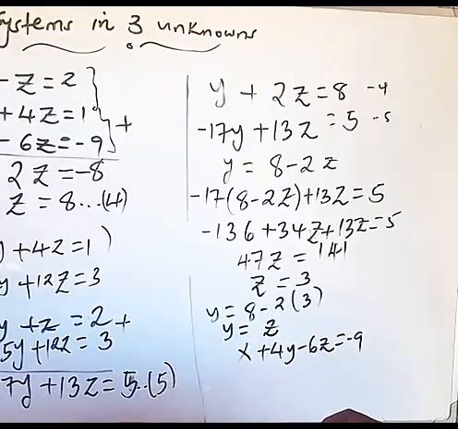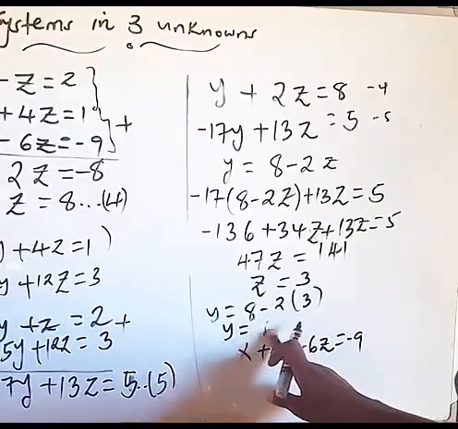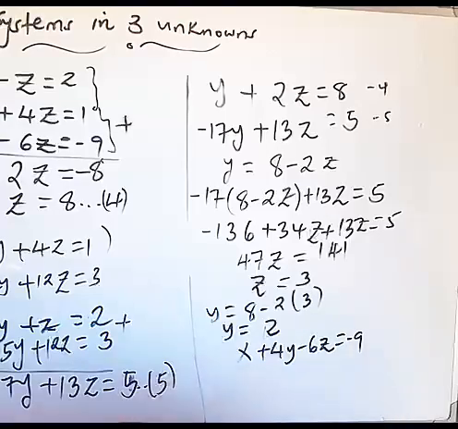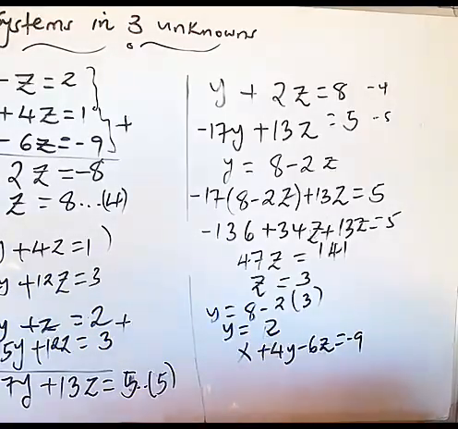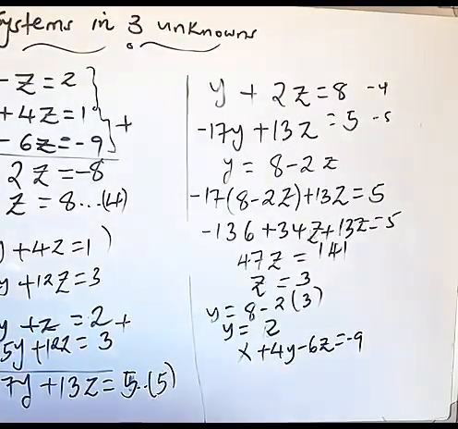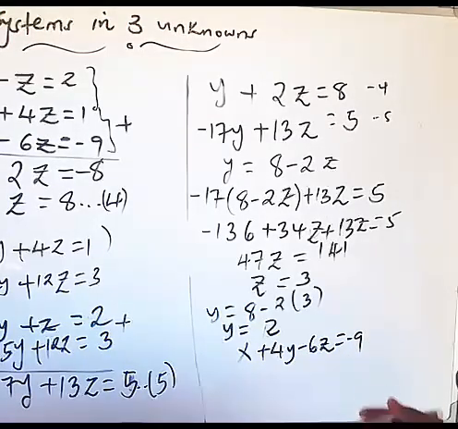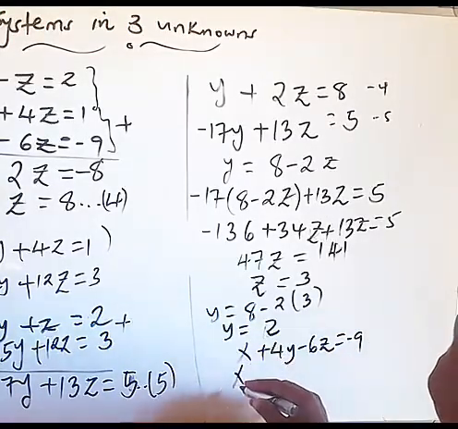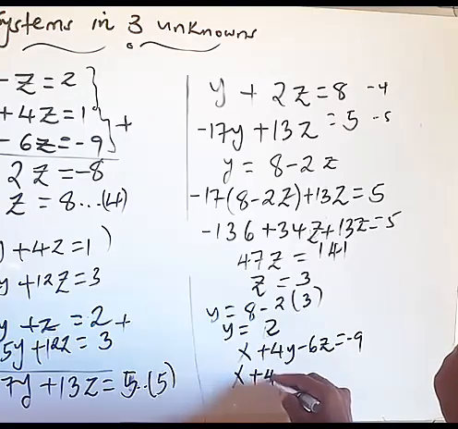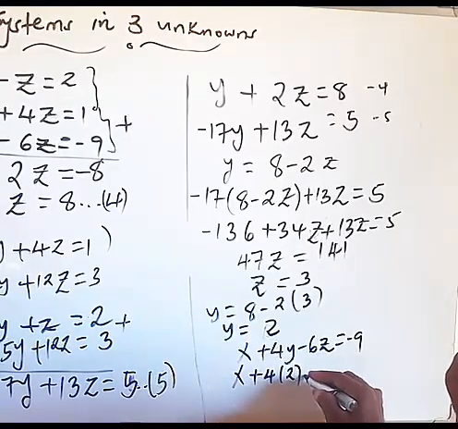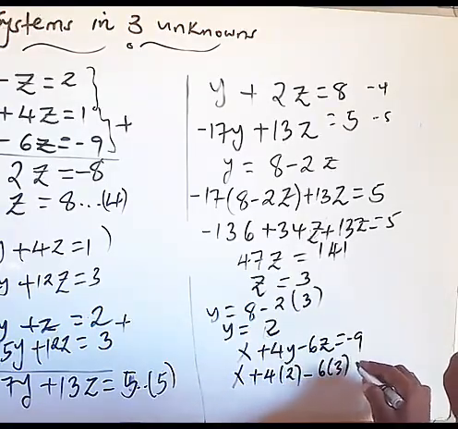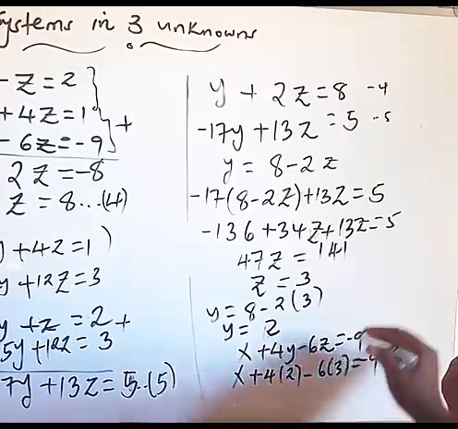Since we know y equals 2 and z equals 3, we can substitute: x plus 4 times 2 minus 6 times 3 is the same as negative 9.